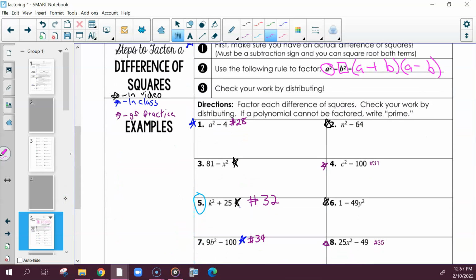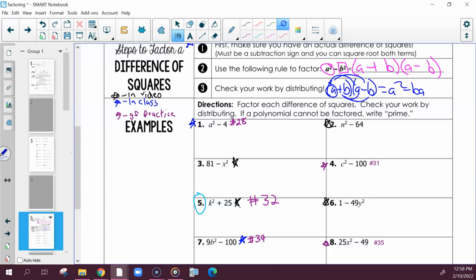Now, I am going to do this last part, but we don't need to distribute every single time, if you know everything is correct. But it is a good check method. So if I were to distribute this back out, a plus b, a minus b, a times all of this would be a squared minus ba or ab, doesn't matter.